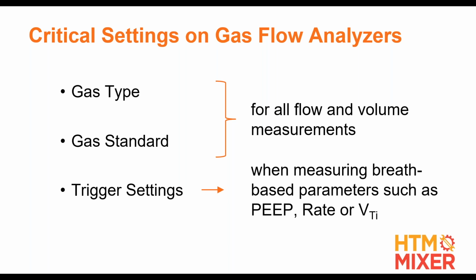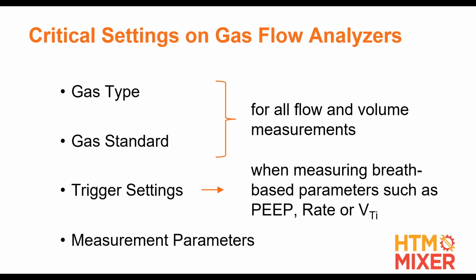And not only the volume, but trigger also affects things like PEEP, rate, of course, tidal volumes, IE ratios, all the different timings that are found from knowing when inspiration starts and exhalation starts. Okay. And then, of course, the measurement parameters themselves.